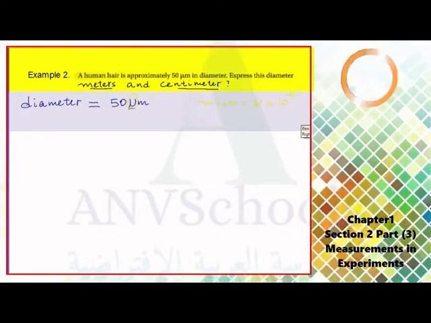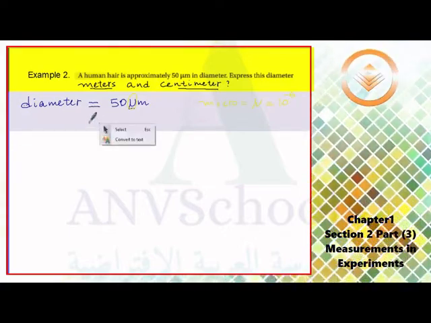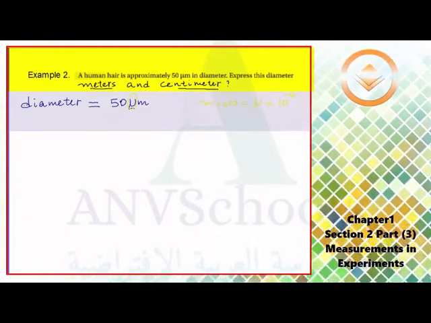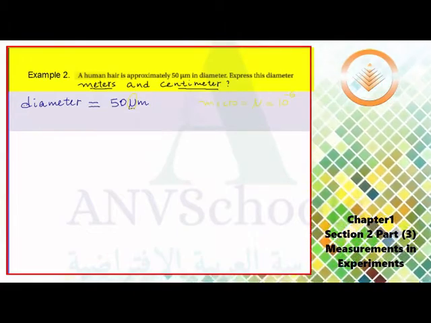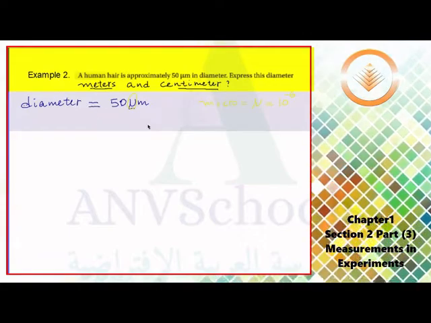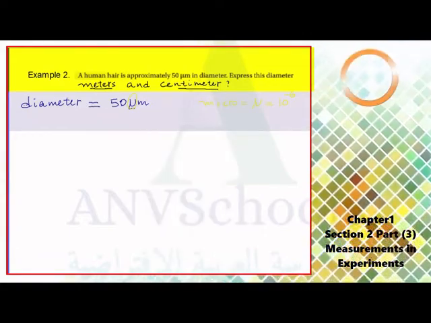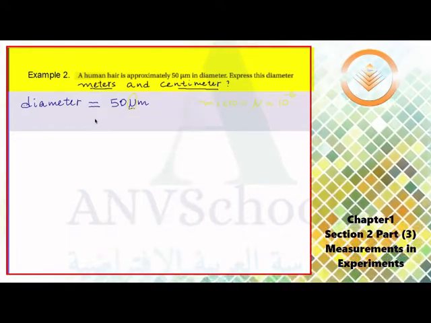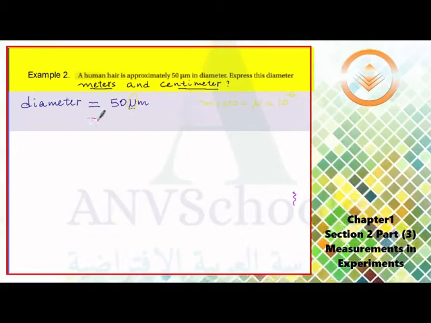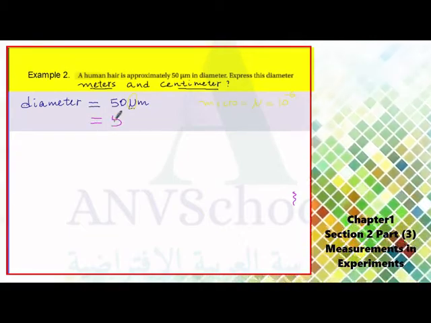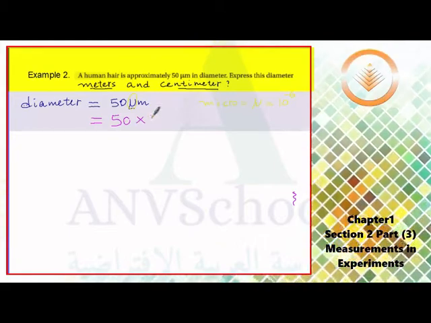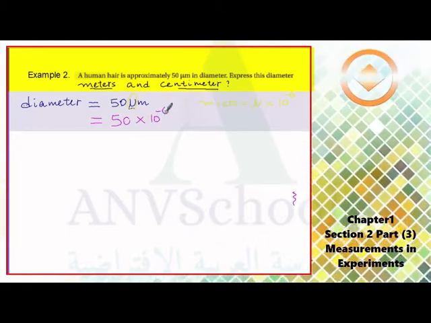So instead of this micrometer, I can put this is equivalent to 50 multiplied by micro, which is 10 to the power of negative 6 meter.